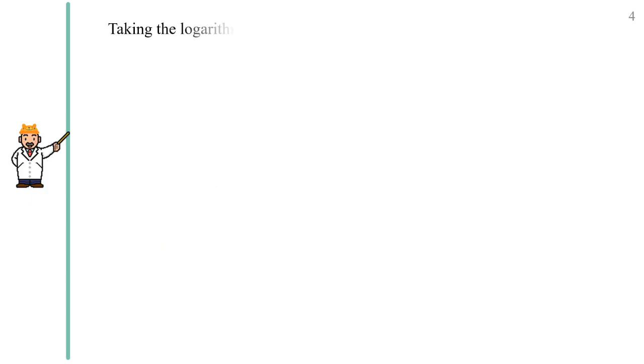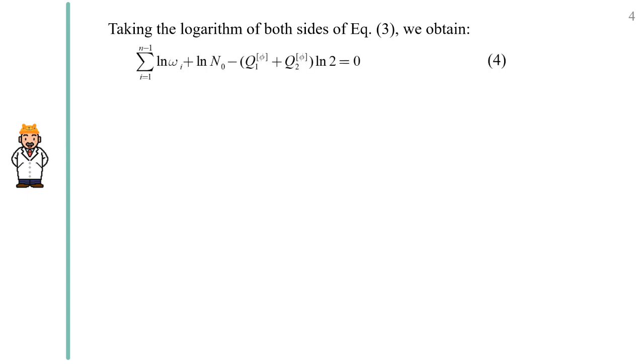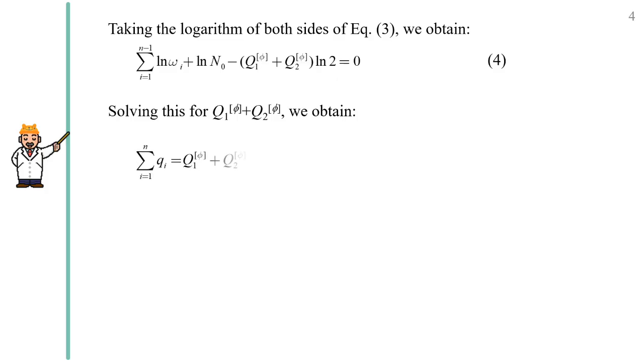Taking the logarithm of both sides of equation 3, we obtain the following equation. Solving this for q sub 1 super phi plus q sub 2 super phi, we obtain the following equation.